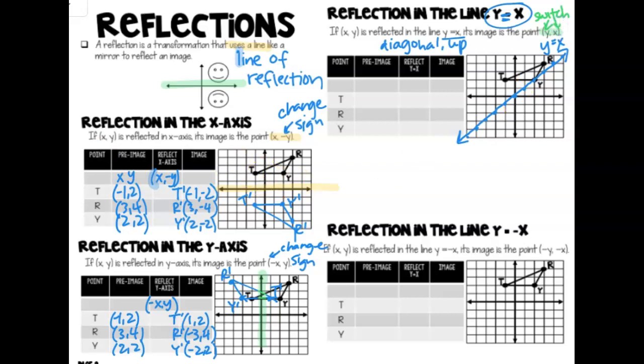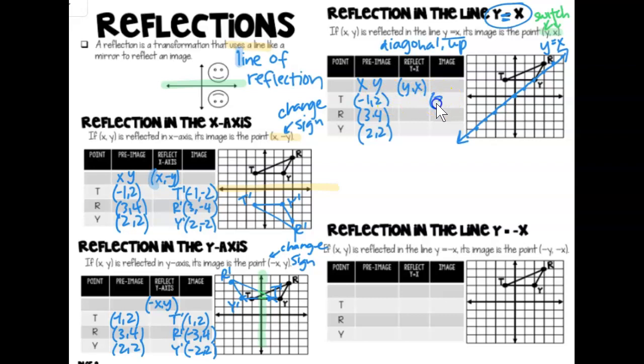Those two are switching. So we'll rewrite our original points again. (-1, 2), (3, 4), and (2, 2). And so we're going to be switching x and y around, all my x's, all of my y's.